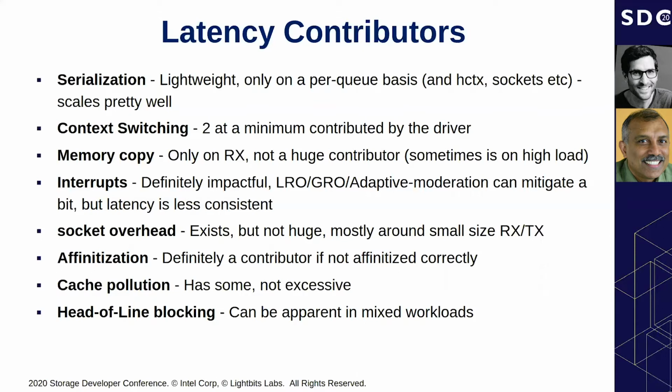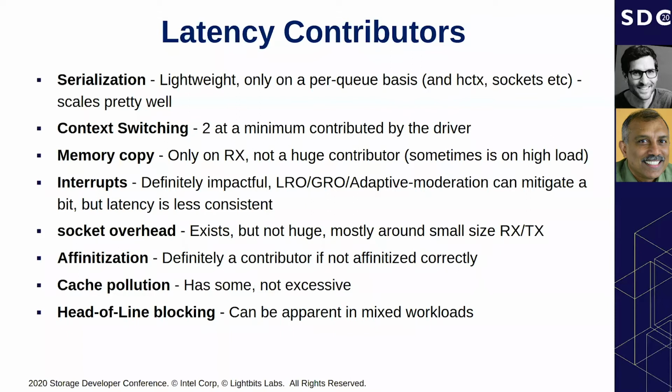The socket overhead itself, it exists, but it's not huge. Mostly when you have a lot of small size payloads that you want to send to the network, that could be something that's observable, but that's not the determining factor for sure. There's affinitization. Obviously, we talked about affinity of queues, the CPU cores, and interrupts.